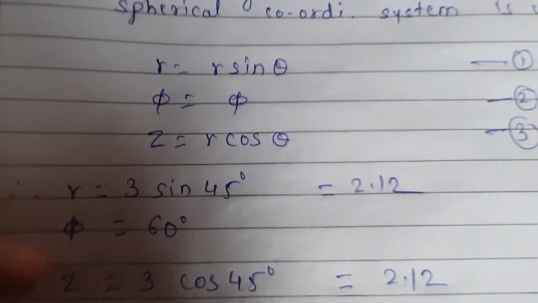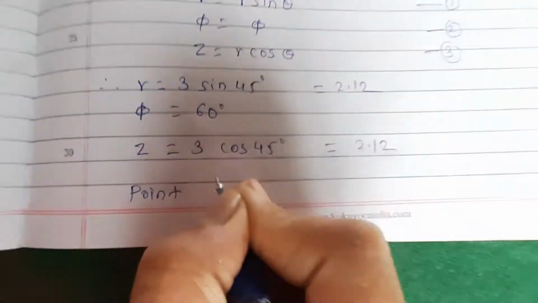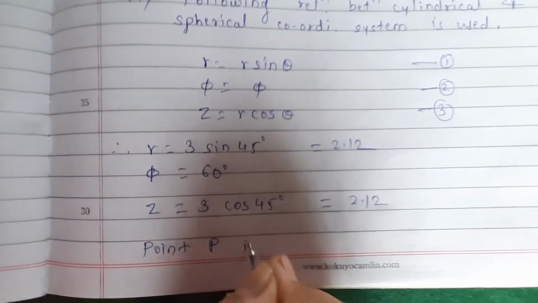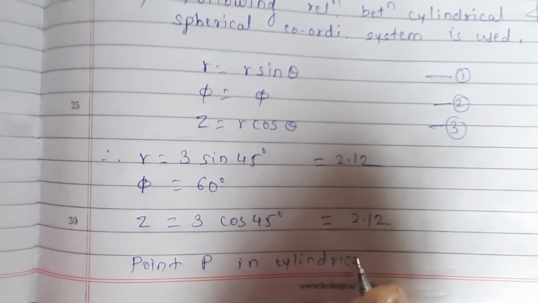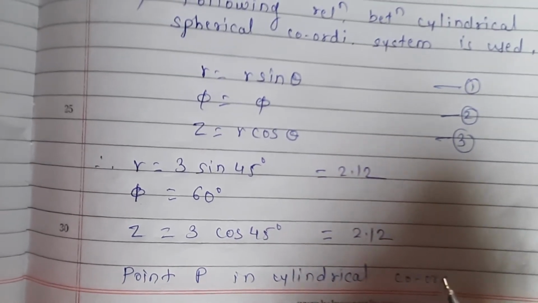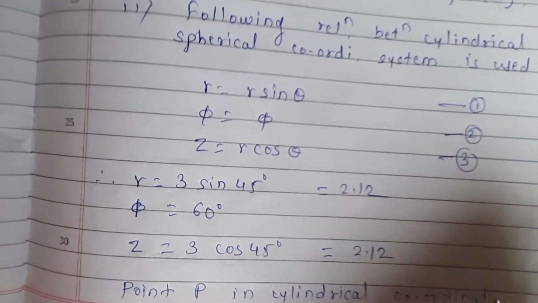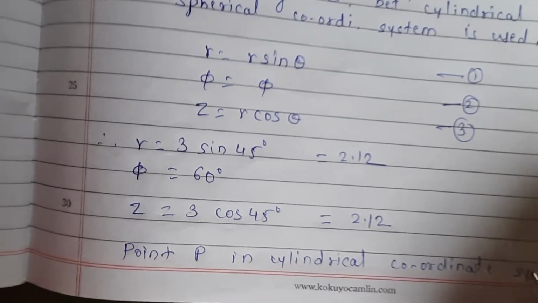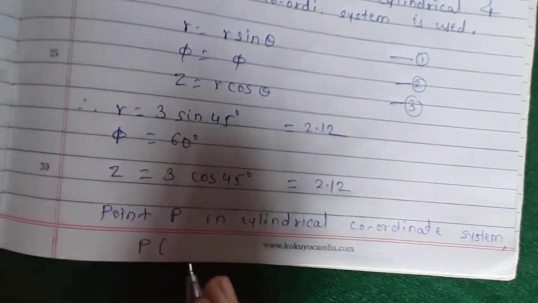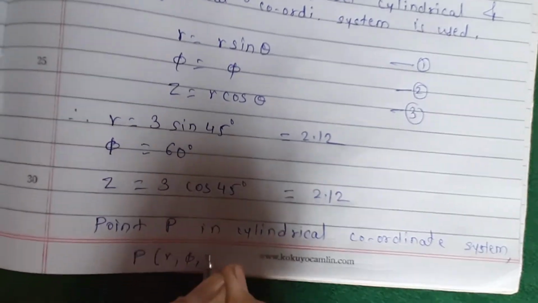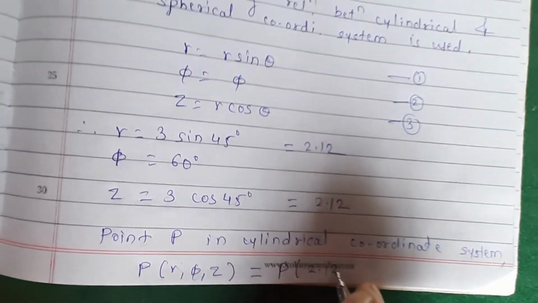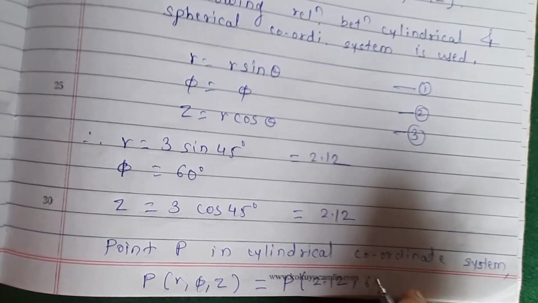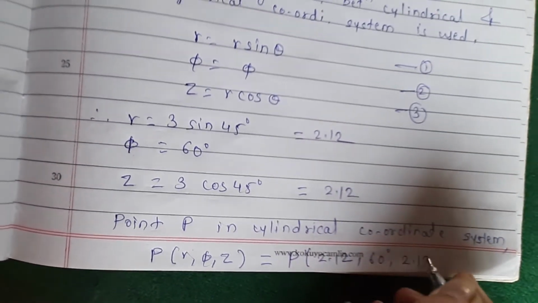So point P in the cylindrical coordinate system is P of r, phi, z, that is P of 2.12, 60 degree and 2.12.